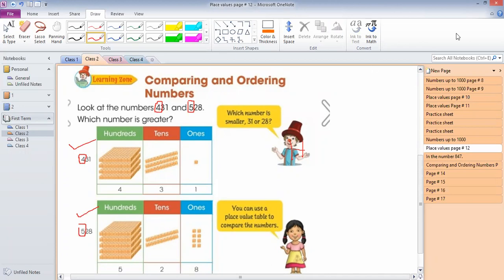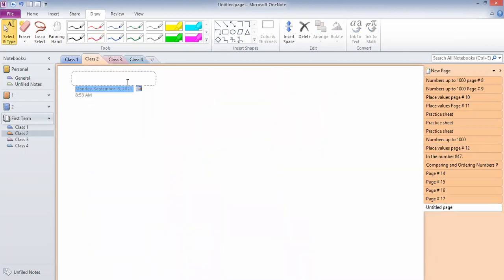So for that, let's suppose I go to a new page. Here, you don't need to write anything, guys. I write the heading comparing and ordering numbers.